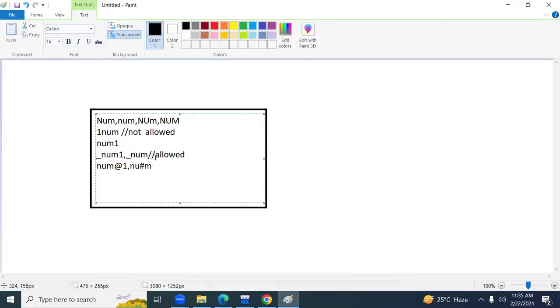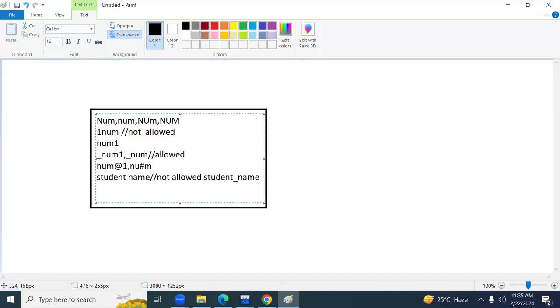Suppose you are trying to give a variable name like student name, and you separate it with a space like this. That is not allowed. In this situation you can use an underscore instead of a space.